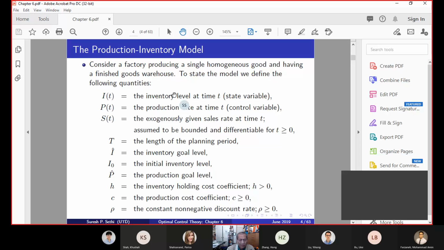What Holt, Modigliani, Muth, and Simon did is a different way of smoothing production. They decided that there is some kind of a good level of production, which is factory optimal. That means higher than that would be a little bit more expensive because the cost of production is kind of convex.